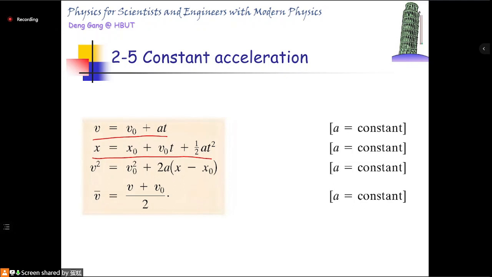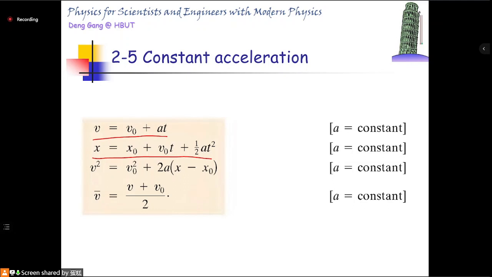How can we get this one? By using these two, we can cancel t. Just like from the first one, we know t is equal to v minus v0 over a, and substitute t into this equation, you will get this one.